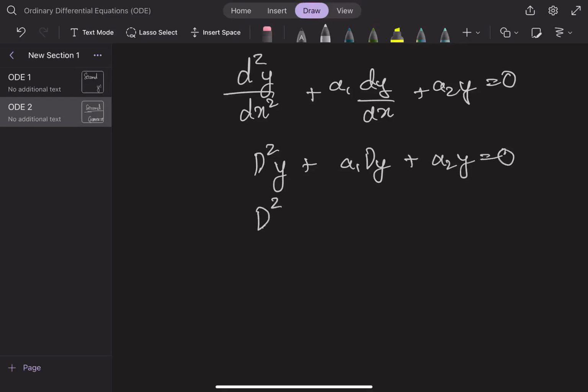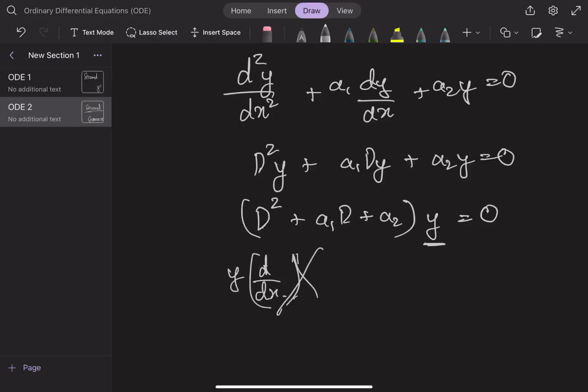Now let's take out y as common. Always remember you have to write y on the right side because D is a notation of d by dx. So you cannot write it as y d by dx. This is wrong. It's always going to be dy by dx. This is correct. So always put your y on the right side, not over here.